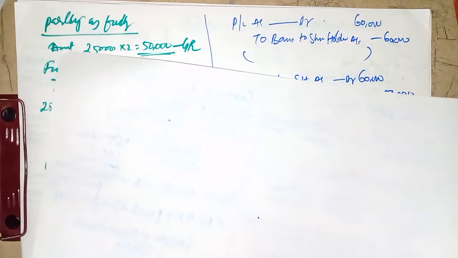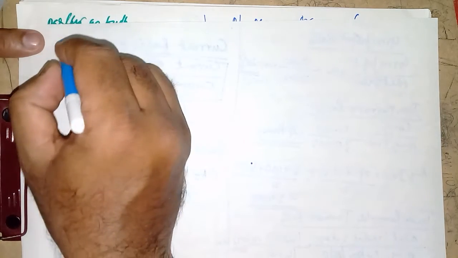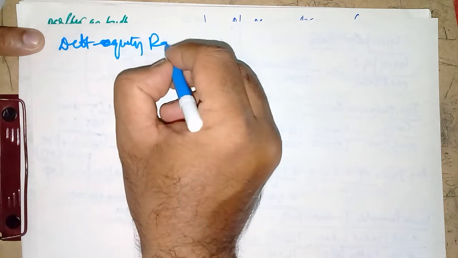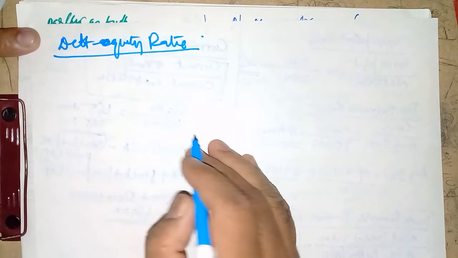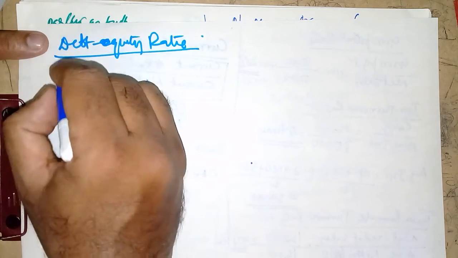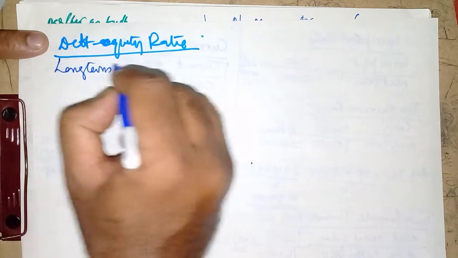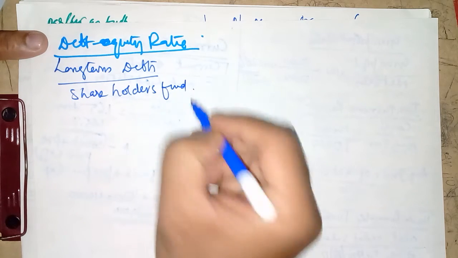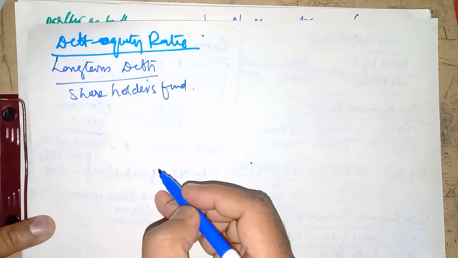The formula of debt equity ratio is long term debts divided by shareholders fund, right? Then how to calculate long term debts?